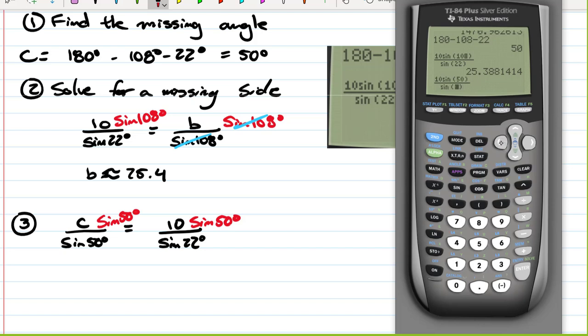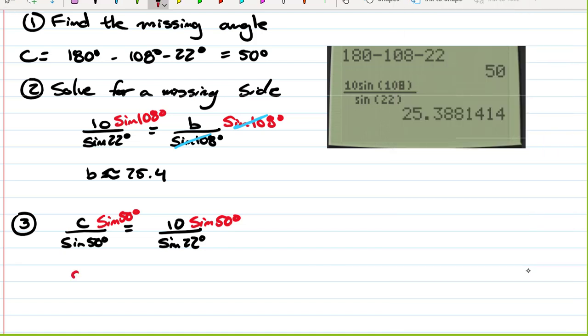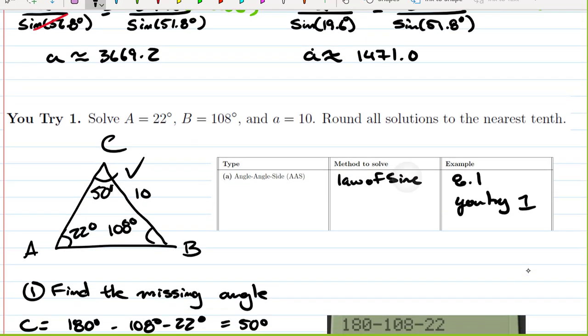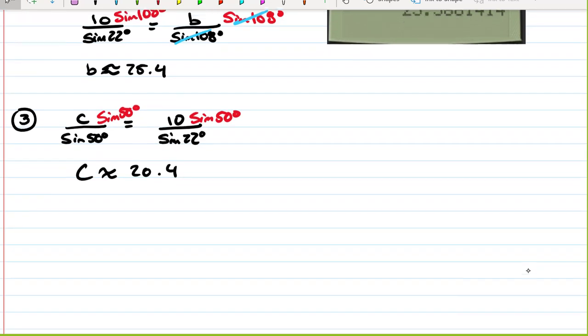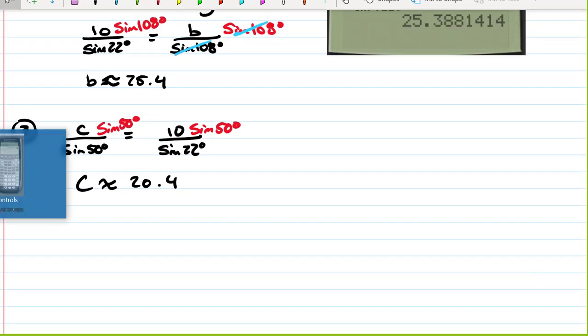Press enter, and we get 20.44, so about 20.4. Not degrees, just 20.4 units.